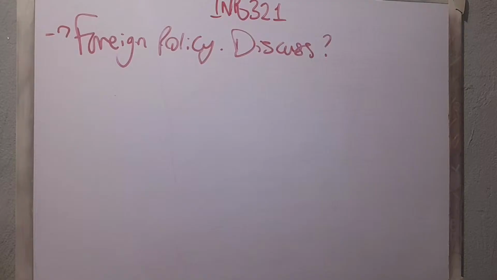Now, no country functions in isolation. What do I mean by that? There is no country on the surface of this earth that does not either trade, communicate, or interact with other countries, just as no human being on earth is self-sufficient.